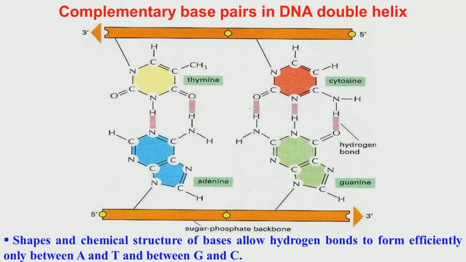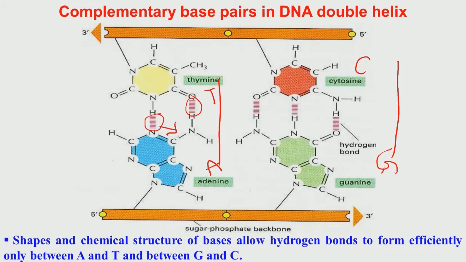So, this is a more elaborate view of this A, T, C, G. This is your A, adenine, this is your thymine. So, you have these specific bonds here, and this is your C and this is your G. So, this is one base pairing and this is the other base pairing, and these bonds are essentially very weak bonds.